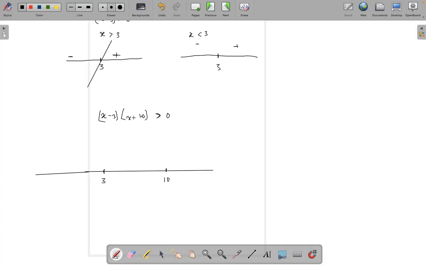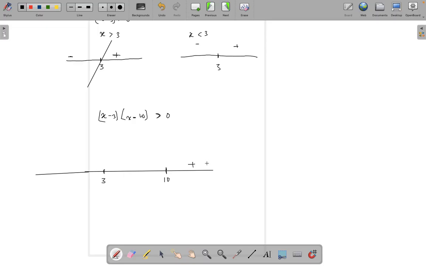The first thing is you'll always start with the maximum value here, because you know that if x is greater than 10, x will be greater than 3 as well. So you don't have to worry about this, which means it will be positive.